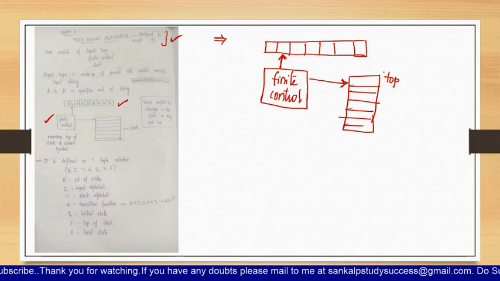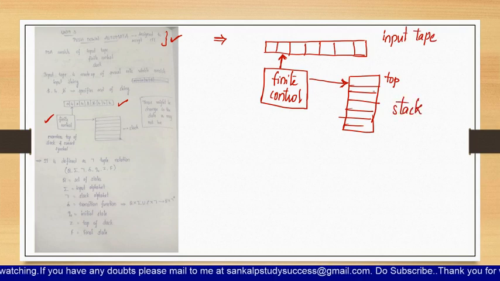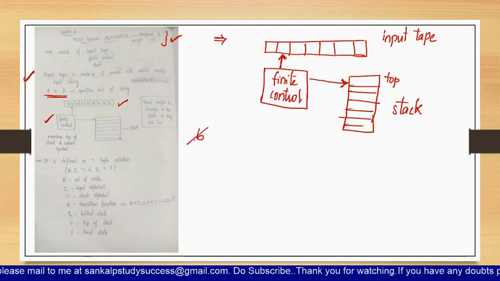Okay, so now this is the stack and this is the input tape. So the pushdown automata consists of three different things, which are input tape, finite control and the stack. Here the input tape is made up of several cells which consist of the input string, and if you have a B with a slant line, that means this B, then it is considered as the end of the string.